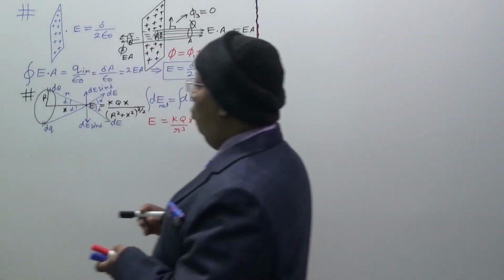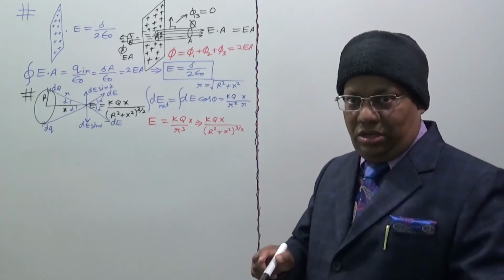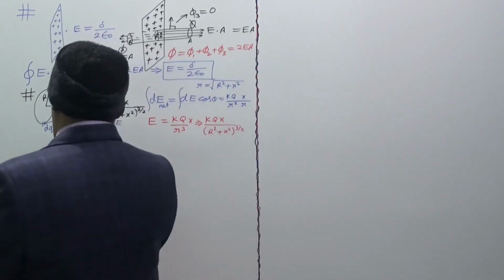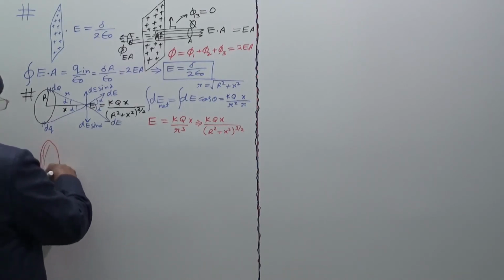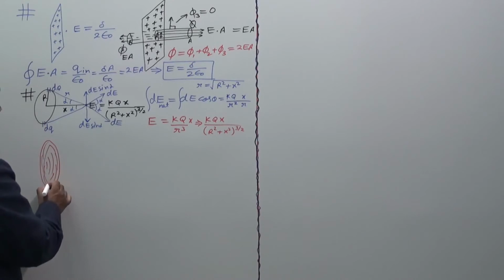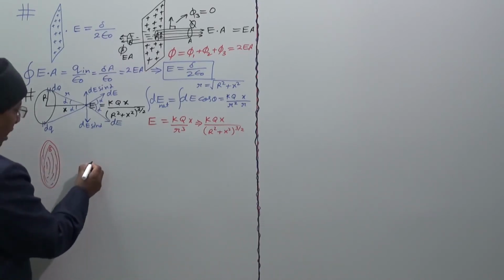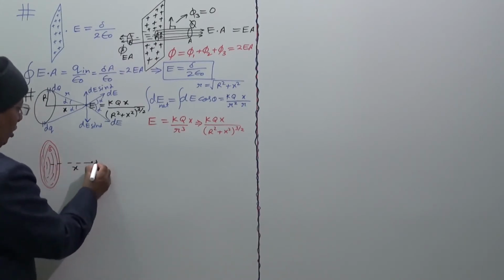Now, you have to find the electric field due to a disk which has uniform charge density small sigma. If you have this disk, and in this disk you have a small sigma charge density, then at point X on the axis what is the electric field?